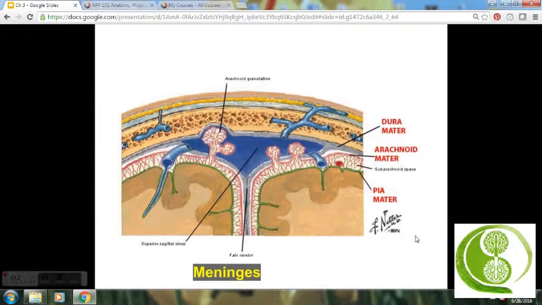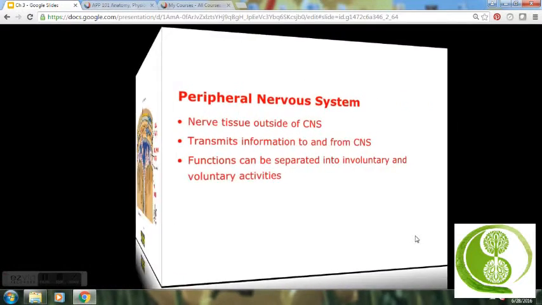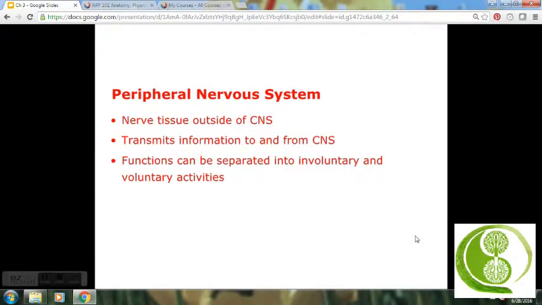These are the 3 layers of the meninges, the dura mater, the arachnoid mater, and the pia mater. Okay, so now we'll talk about the peripheral nervous system.